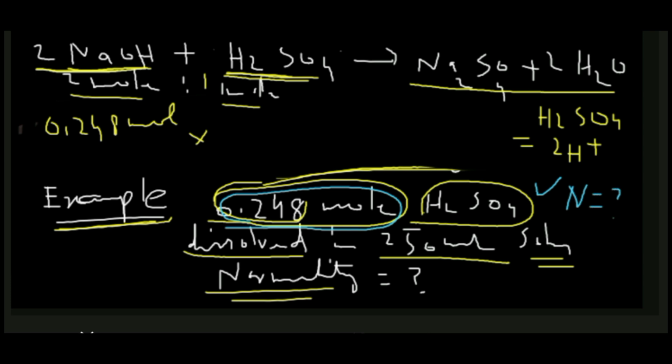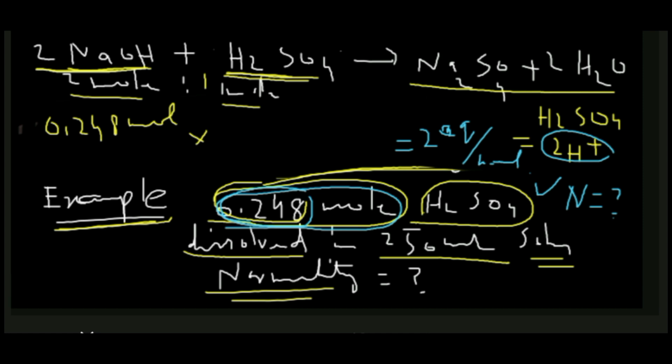If you want the normality of sulfuric acid only, what will be the normality of 0.248 mole of sulfuric acid? We know that it contains 2 hydrogen ions, so we can write that sulfuric acid contains 2 equivalents per mole.